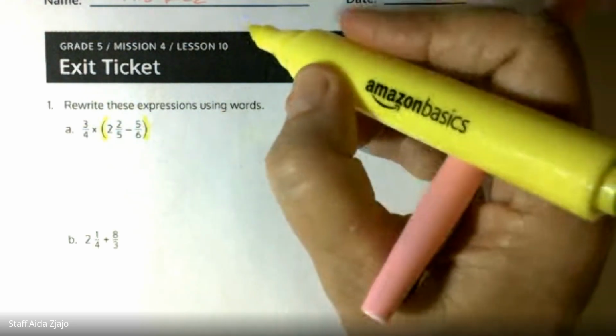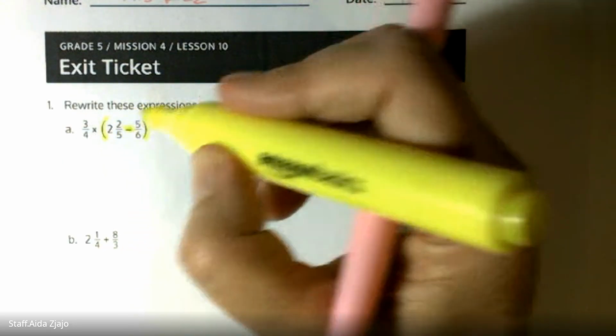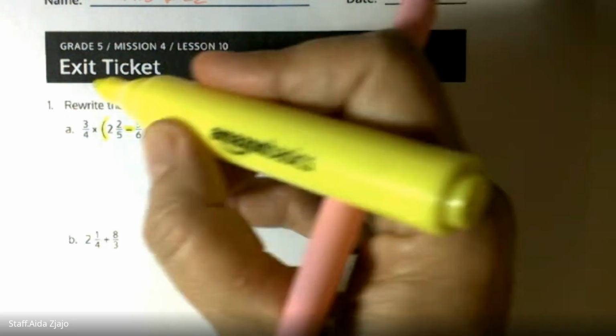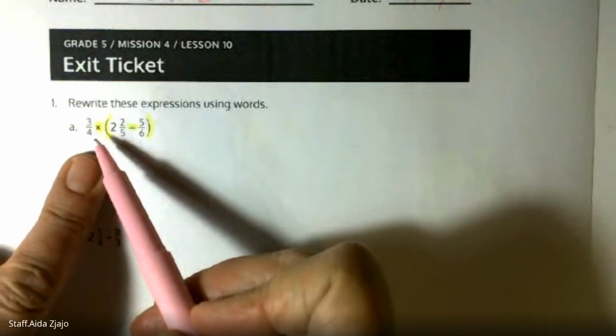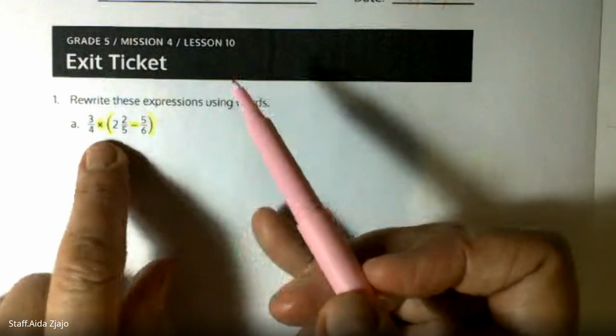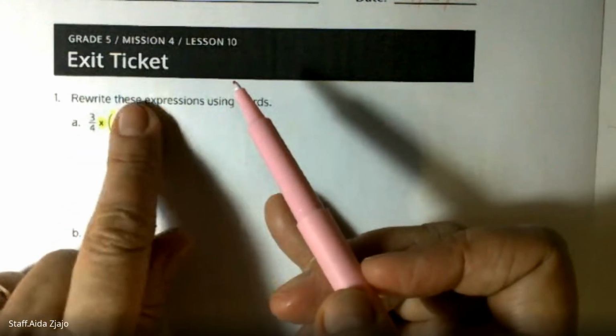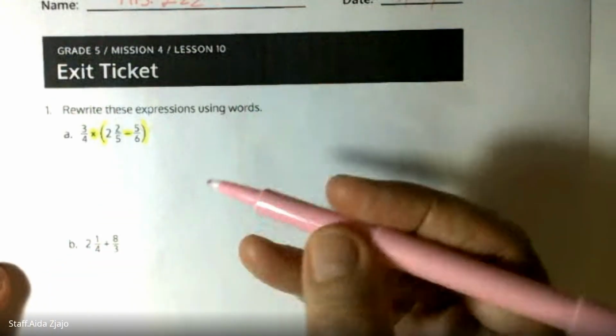You notice that, and then you also have a subtraction there, and then you have multiplication. When you have fractions involved, multiplication is called "of", because you need to have 3/4 of this whole number that is in parentheses when you solve it.